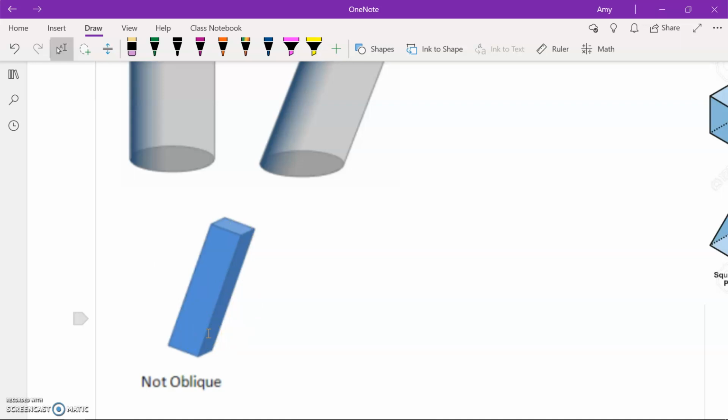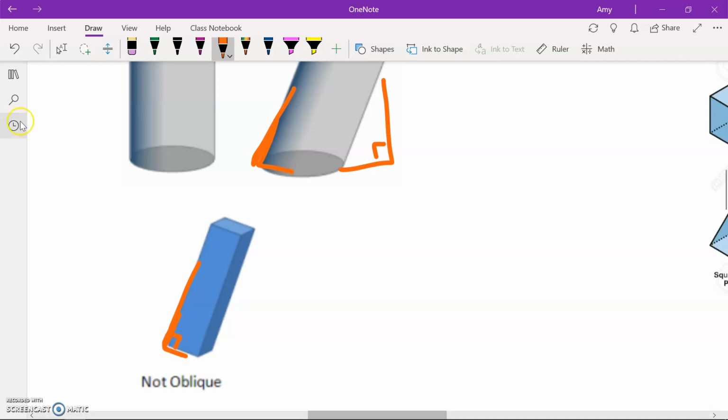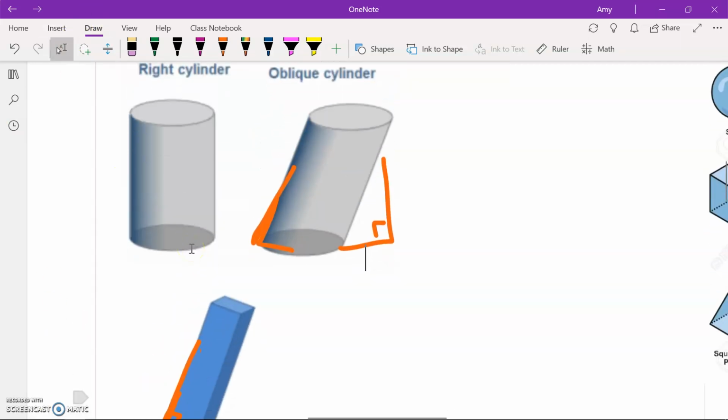This figure is not oblique because the base and the edge do make a right angle. Whereas here, those do not make a right angle. That is my right angle. So to be oblique, it means that your base and your edge of your figure do not make a right angle.